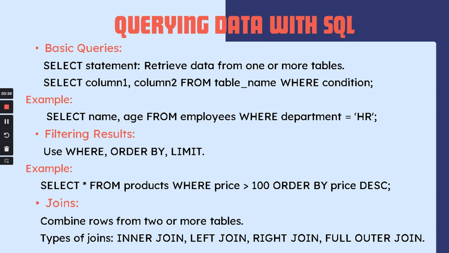Querying data with SQL. Basic queries. The select statement retrieves data from one or more tables. Select column 1, column 2 from table_name where condition. Example: select name, age from employees where department equals HR.